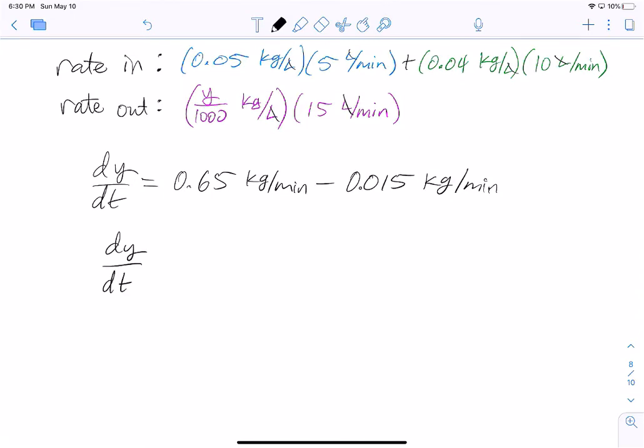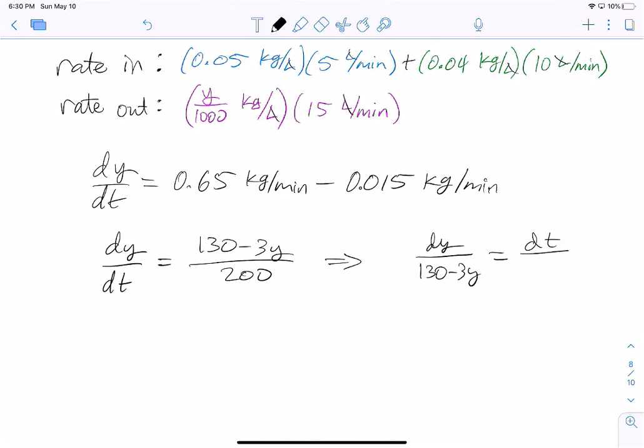Simplifying some of the arithmetic, or really just changing stuff into fractions and then getting common denominators, will give us that dy/dt is (130 minus 3y) over 200. That is our separable differential equation, and it will lead us to being able to say that dy divided by (130 minus 3y) is equal to dt over 200.